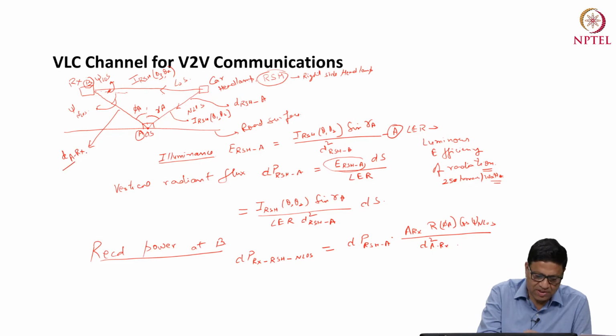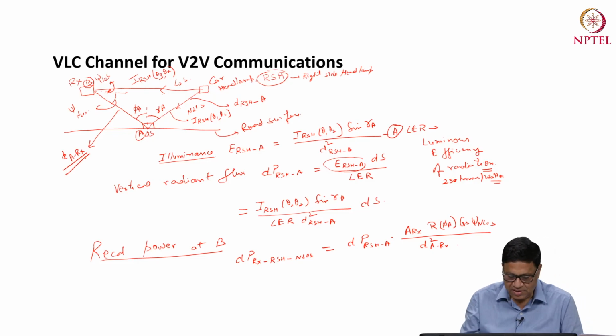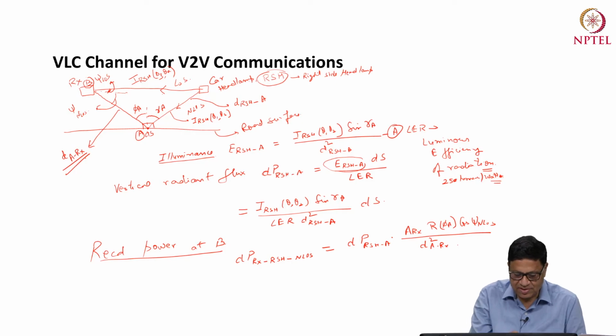So we are talking about this distance. So this is the receipt power because of the vertical radiant flux from area dS on the road surface.